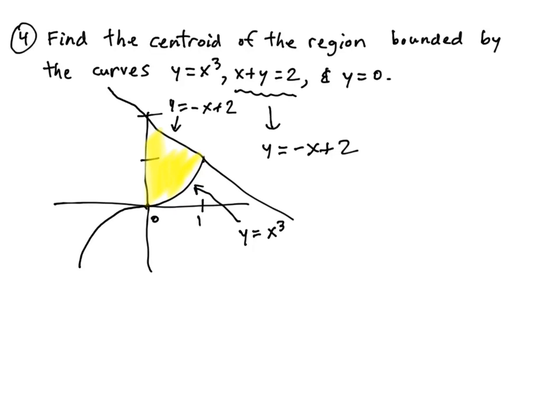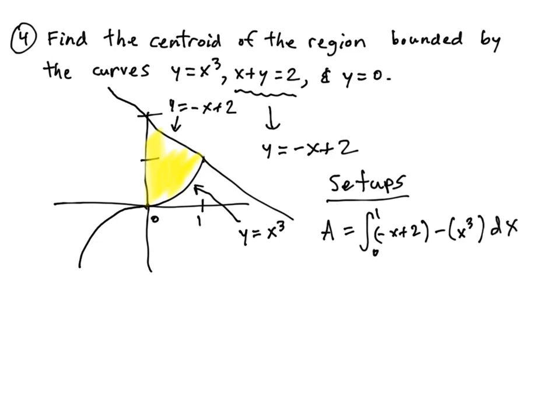So what would the setups be? First, the area. We know that the area between two curves is top minus bottom, so the area is going to be from 0 to 1 of the top function minus the bottom function.